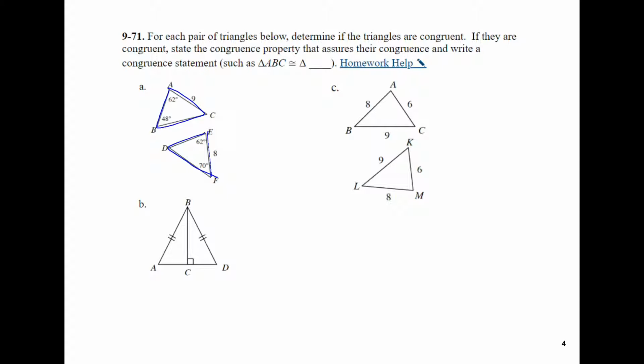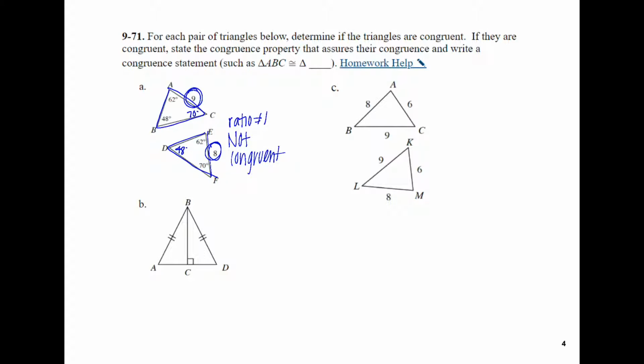So looking at the angles inside, 180 minus 62 minus 48 is definitely 70 degrees. So our angles are congruent, but looking at our sides, more specifically the sides in between the 62 degrees and the 70 degrees, the ratio does not equal 1, so these are not congruent.